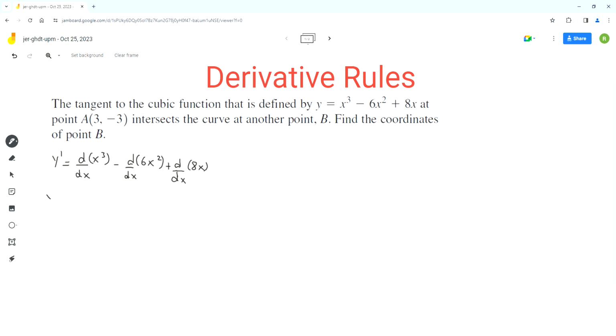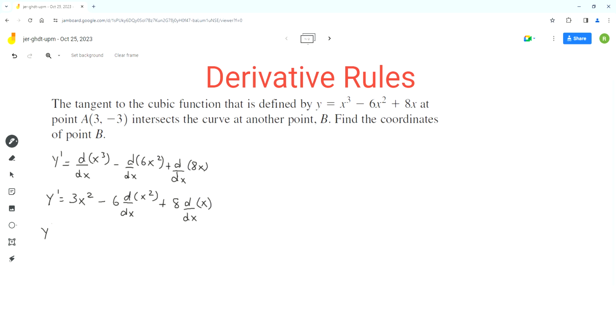Now we can use the power rule to find the derivative of the first term, which will be 3x squared. So we bring the exponent 3 to the front and we subtract 1 from the exponent. And minus, now we can use the constant product rule to bring the 6 out of the expression, so we get the derivative of x squared. And then we have to find the derivative of 8x, so we can move the 8 in front of the expression, d over dx of x.